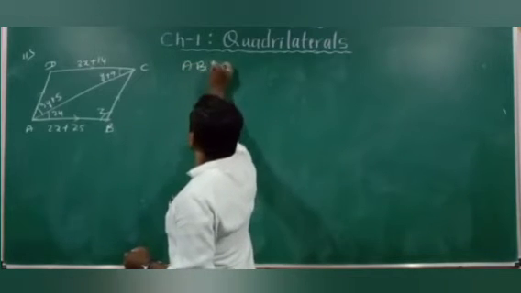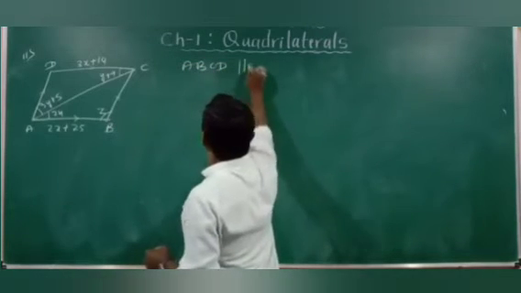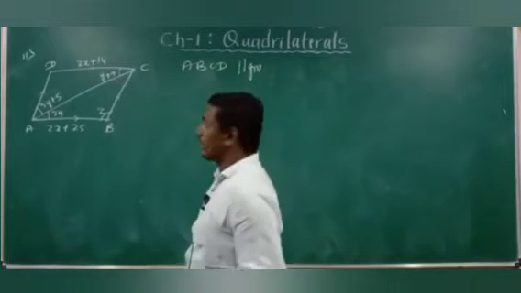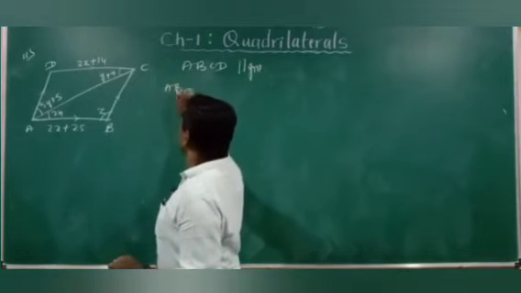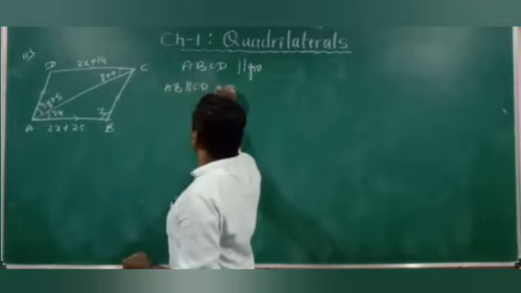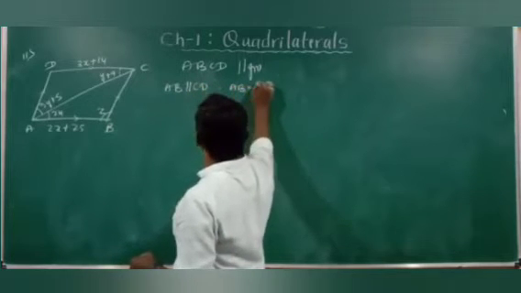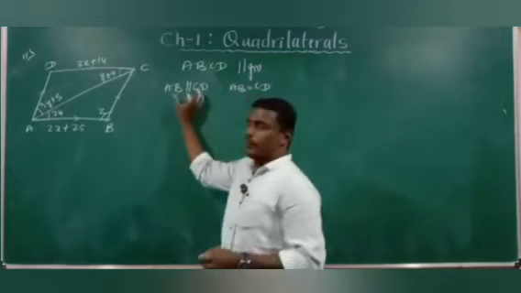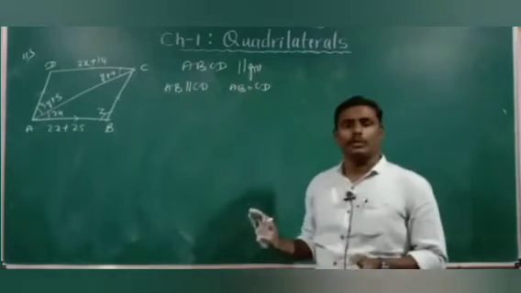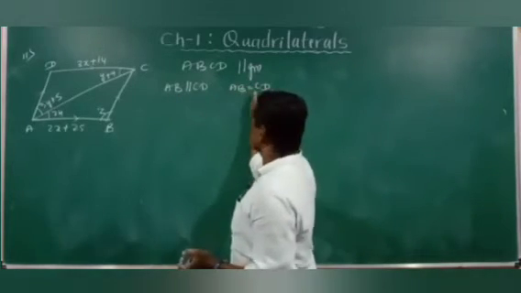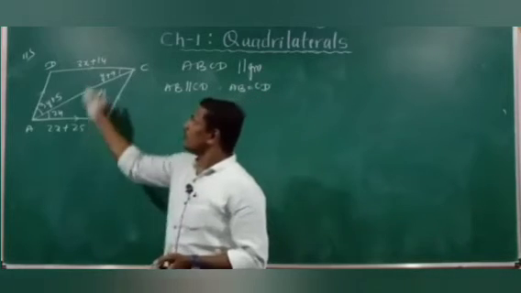ABCD is a parallelogram. In that, AB is parallel to CD and AB is equal to CD. So what are the lengths of AB and CD?